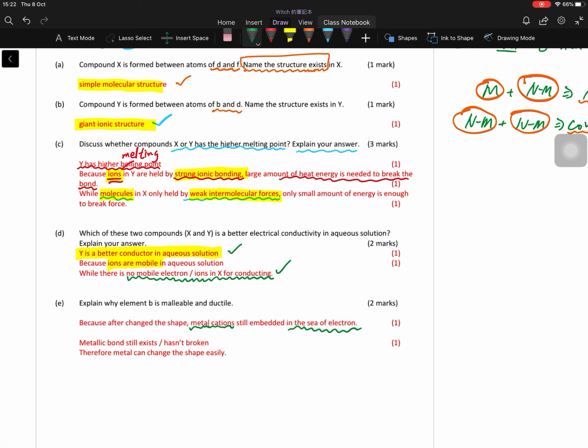The second one is, even though the metal changes shape, the metallic bond still holds, or still exists. That means changing the shape will not break the metallic bond. That's why element boy, which is a metal, is malleable and ductile. And here shows the quiz.